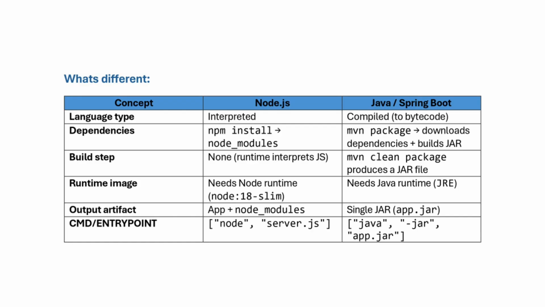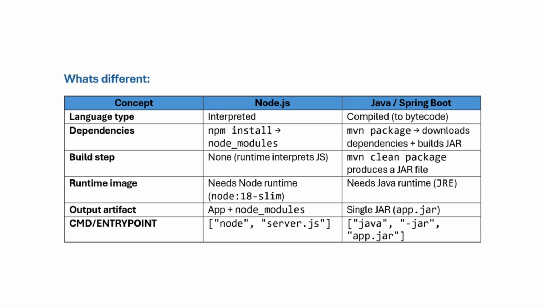In Java Spring Boot it is mvn clean package that produces a jar file, which is a compiled file that gets converted into bytecode. Runtime image: in Node.js it needs the node runtime, that is node 18 Slim, for example. In Java Spring Boot it needs the Java runtime, JRE. Output artifact: in Node.js it is the app plus node_modules.